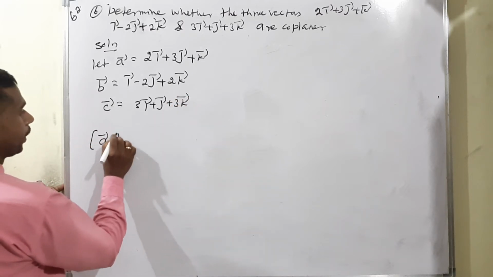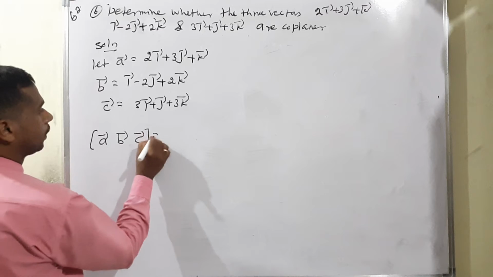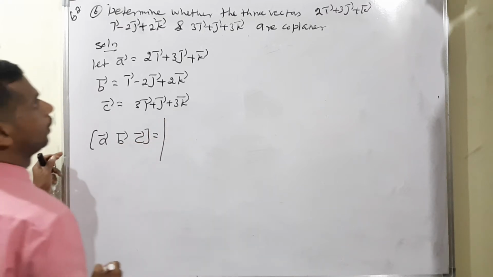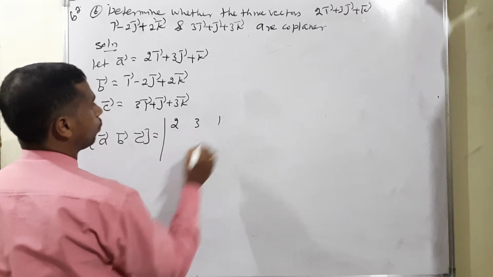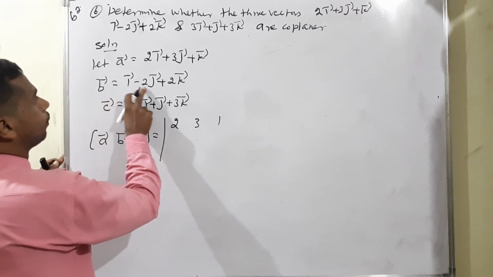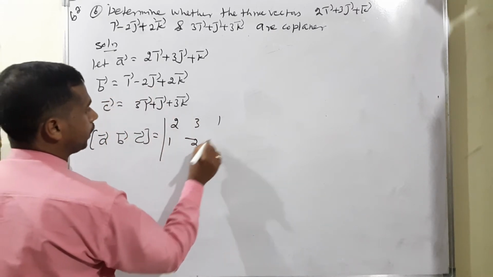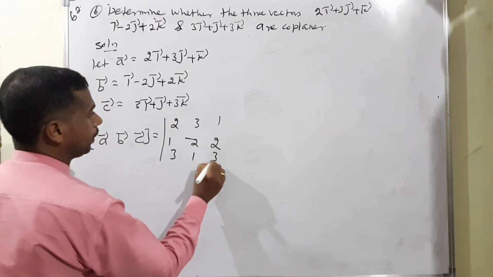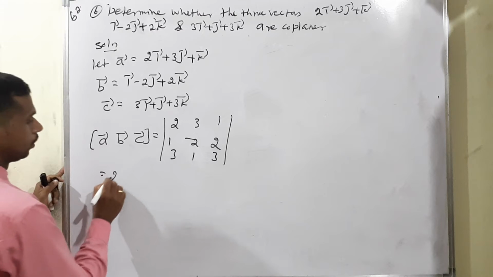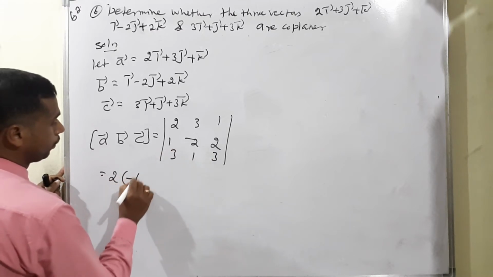So, box product a vector, b vector, c vector is equal to determinant form 2, 3, 1. b vector means 1, minus 2, positive 2. c vector means 3, 1, 3. Now, 2. Minus 2 into 3 means minus 6.